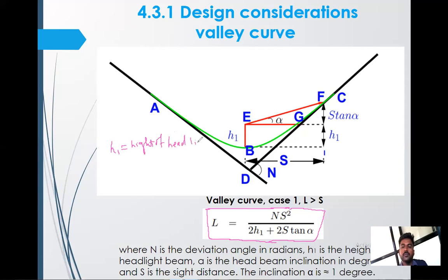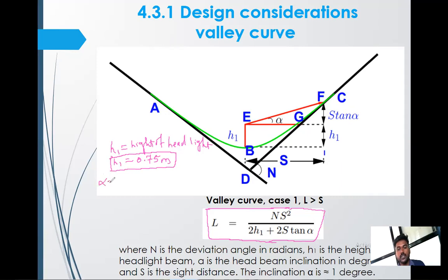H1 is equal to height of headlight, and it is taken as 0.75 meter. Write down there.